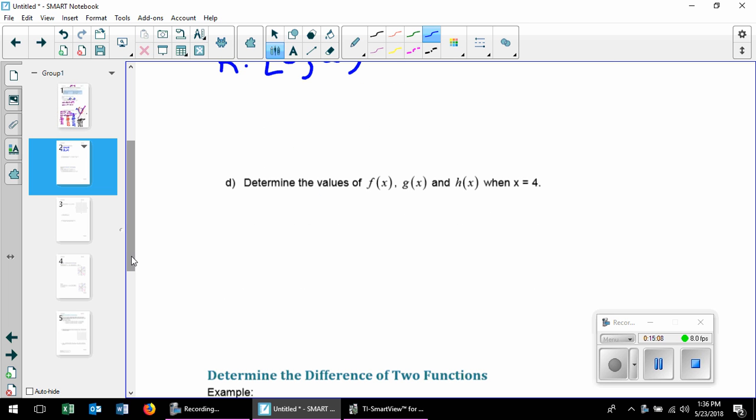All right, so determine the values of f of x and g of x and h of x when x is equal to 4. So f of 4, okay, so do you know how many people solved for the letter f? Like everybody.